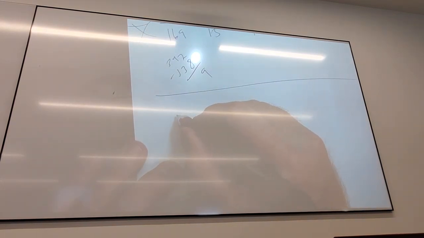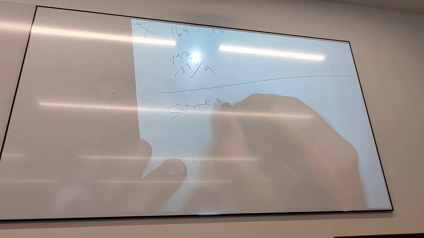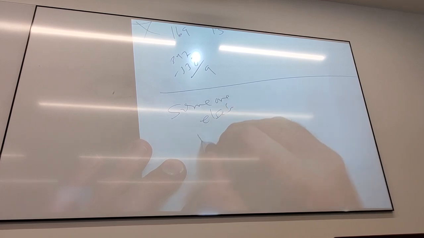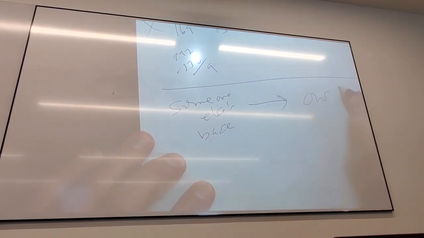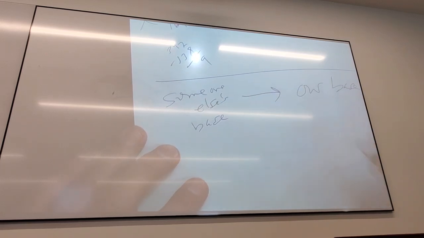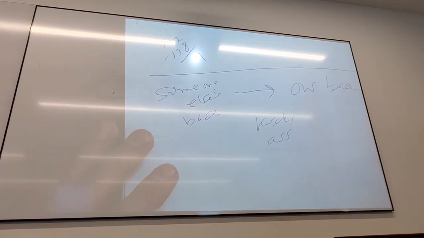So if I go from someone else's base, base 7, base 16, whatever, to our base, that kicks ass. Because it's just multiply, add. Put it together.